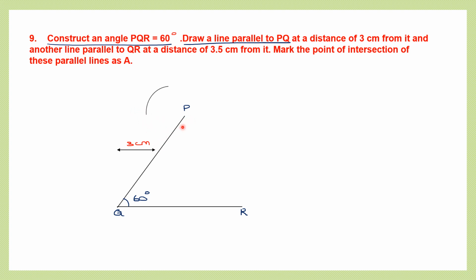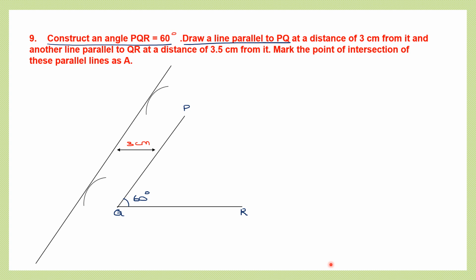So we have our first arc. I have placed my compass needle at P and the distance here is 3 centimeters. I've drawn an arc. I'm going to have the same measurement, place my compass needle at Q and draw an arc. Now I'm going to draw a line in such a way that it touches the topmost portion of the two arcs. So now can you see a line has been drawn.